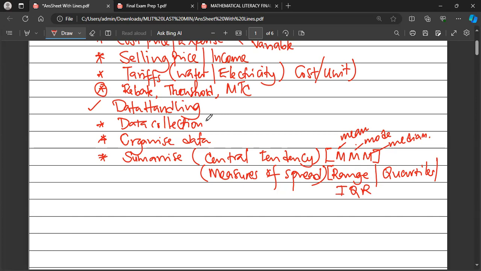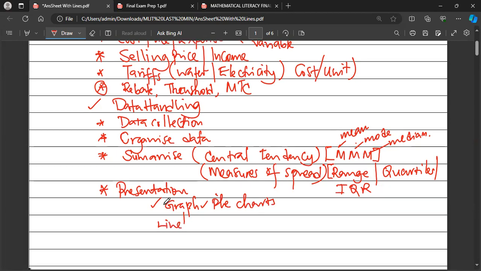Data handling: data collection, organizing data, data presentation. How do we represent data? When you look at data presentation, we are looking at what forms of diagrams we use to present data. One, we have graphs. We look at charts, namely pie charts. Under graphs, we have the line graph, the double bar graph, the bar graph.